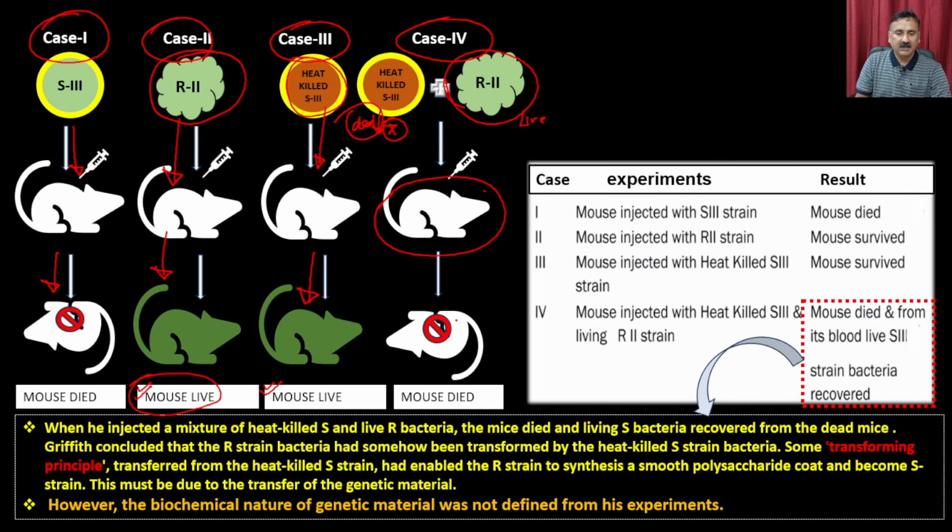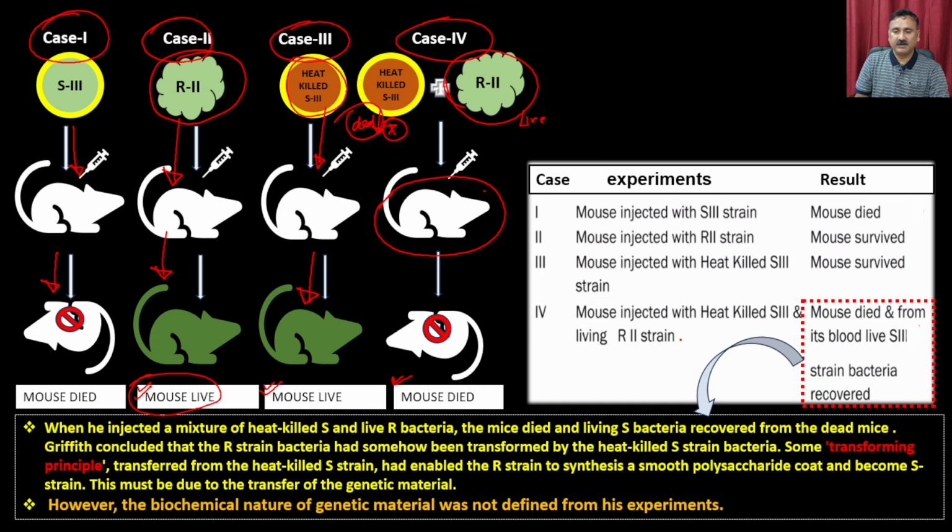And when he had done that, he found that the mice developed the disease and also died. This was very interesting, because in case 2 the R strain is not killing, but in case 4 the R strain is killing the mice if it is mixed with the heat killed S strain.